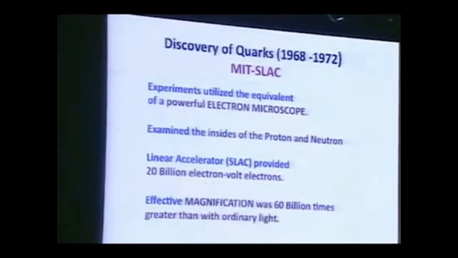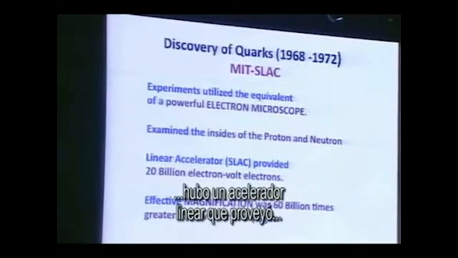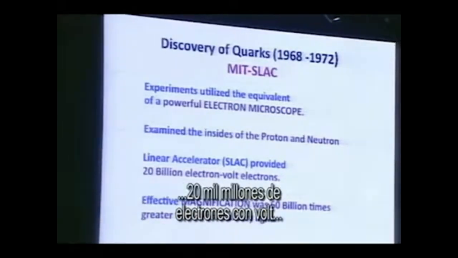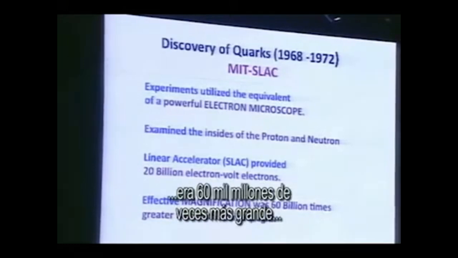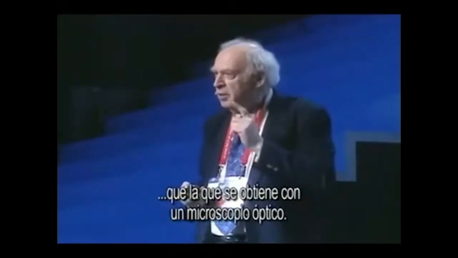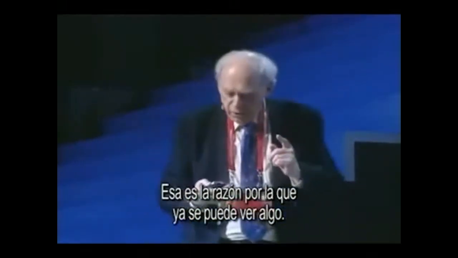And so they examined the insides of the proton and neutron. There was the linear accelerator. The accelerator provided 20 billion electron-volt electrons. The point is the effective magnification was 60 billion times bigger than you could get with an optical microscope. And so that was really why you could actually see something.